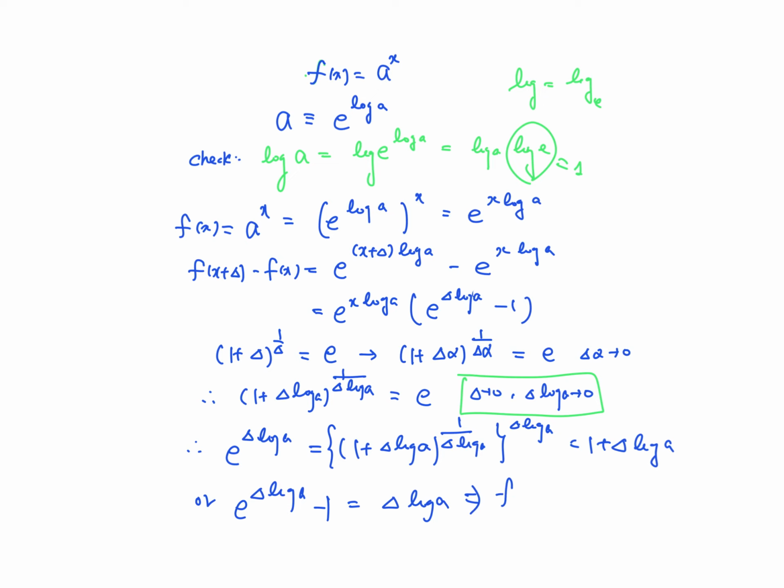Therefore, f(x plus delta) minus f(x) is equal to exponential x log a times delta log a.